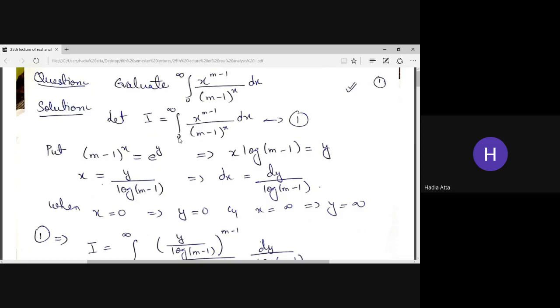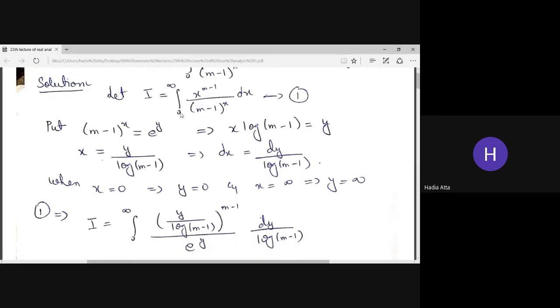If x is equal to 0, then y is equal to 0, and if x is equal to infinity, then y is equal to infinity. So there is no change of limits; they stay 0 to infinity.